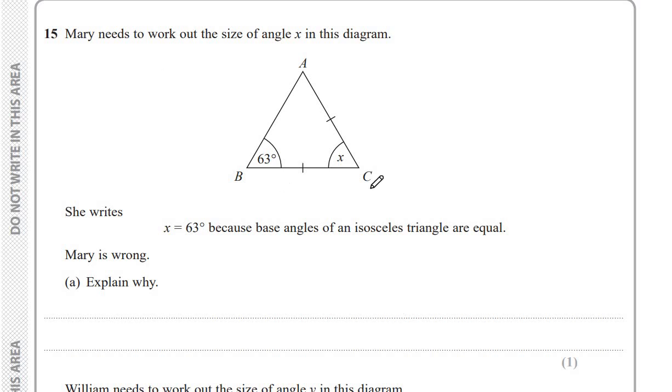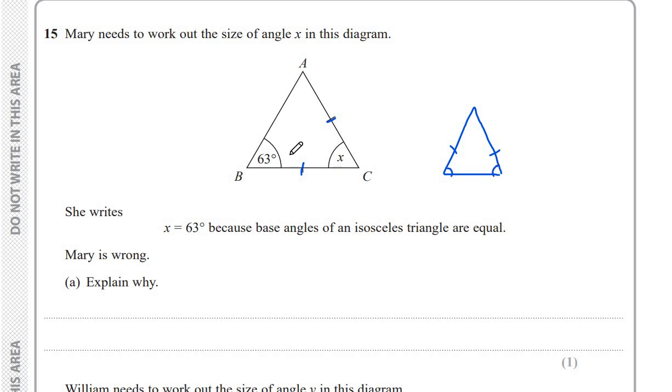Now here, if you look at this picture, these two lines indicate that these two sides are equal. For an isosceles triangle, when two sides are equal, the angles made down here are called the base angles.